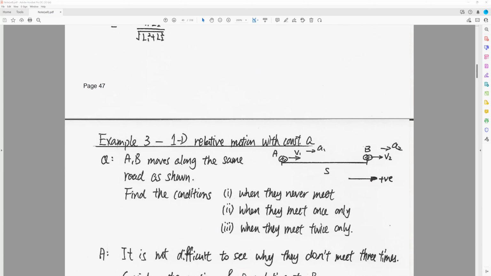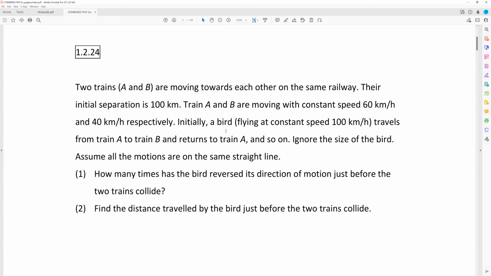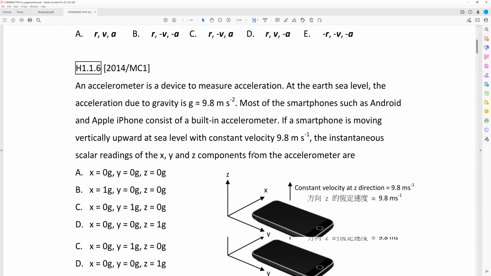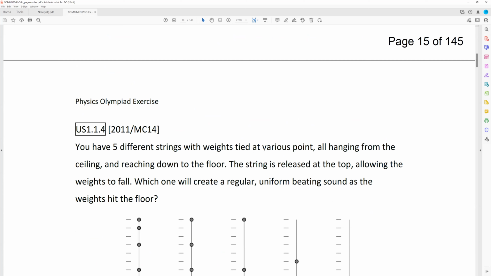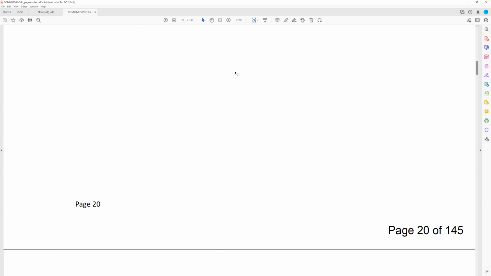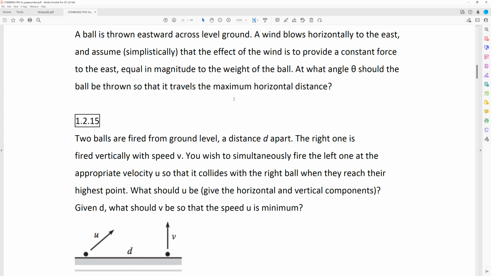Let me see. Sorry, relative motion is 1.3 something.